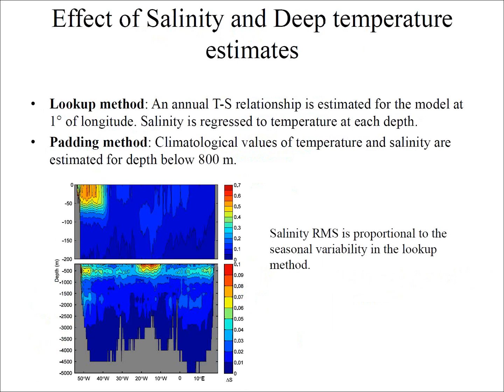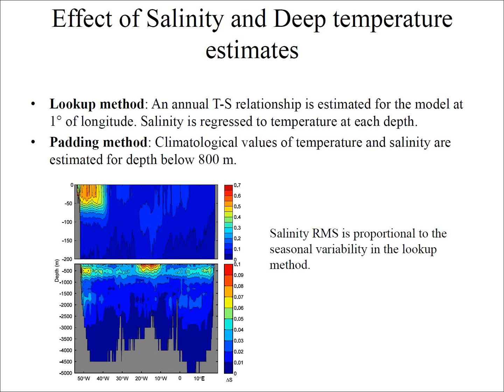So let's go to the main point of the paper, uncertainty quantification. Just as for the effect of salinity and deep temperature estimates I talked about before, we use a lookup table in the upper 800 meters and a padding underneath that. This is the RMS of the lookup table against the real salinity in the model.